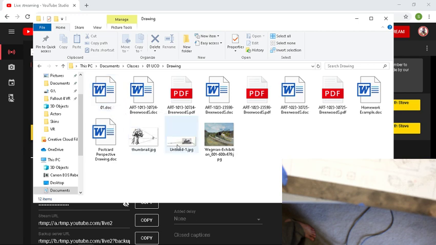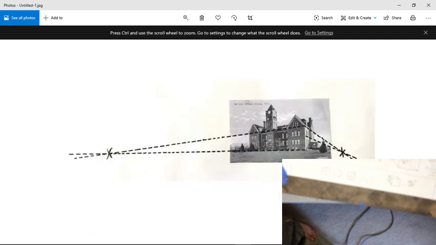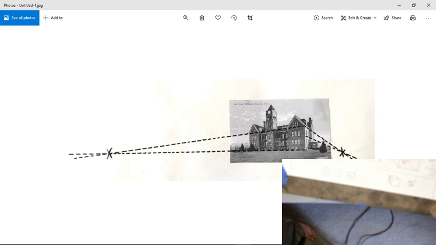Alright. So what we're doing today is 2-point perspective. Here's a great example. As you can see, this building is at a catty corner. We're looking at it at somewhat of a 3/4 angle.